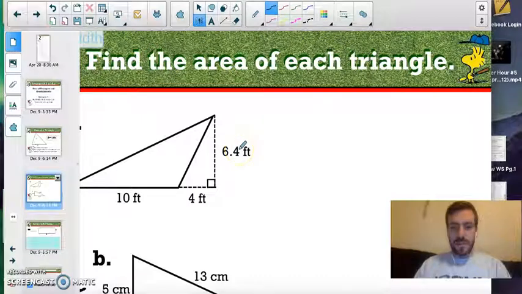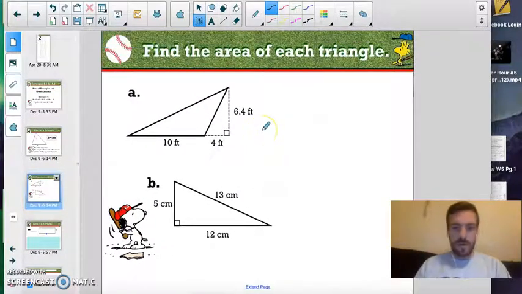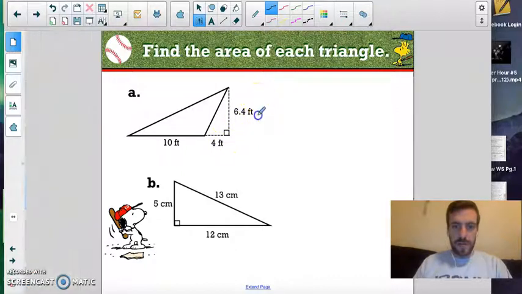So here's the first example. We've all done stuff like this before. So here is my height, my h. Here's my base, also part of my base. So we do 1/2 times 6.4.